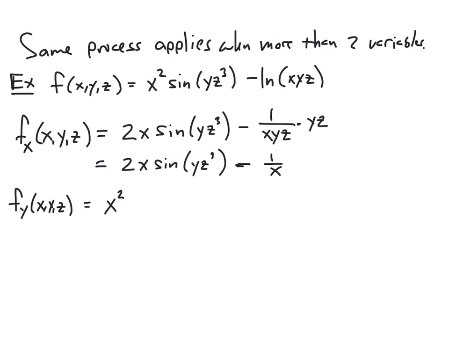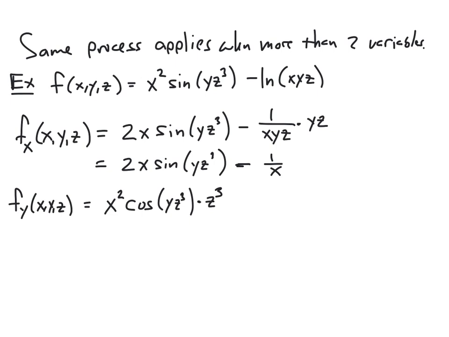So we have to differentiate this using the chain rule. So derivative of sine is cosine. So we have cosine yz cubed. And then we need to multiply by the derivative of yz cubed. And so in this case, that means multiplied by z cubed, because that's a constant being multiplied by y.